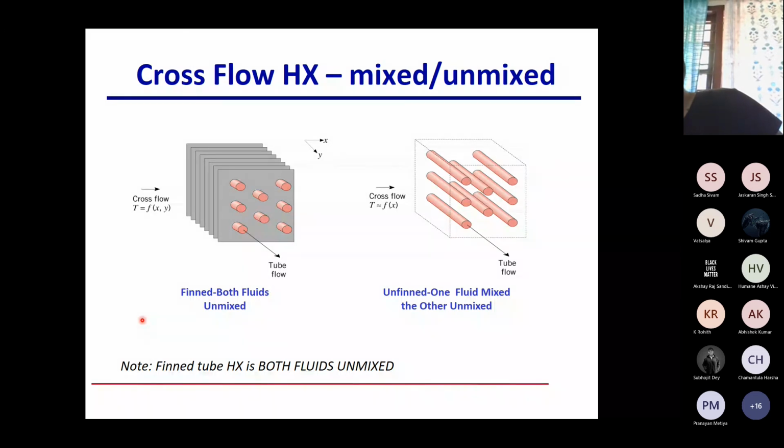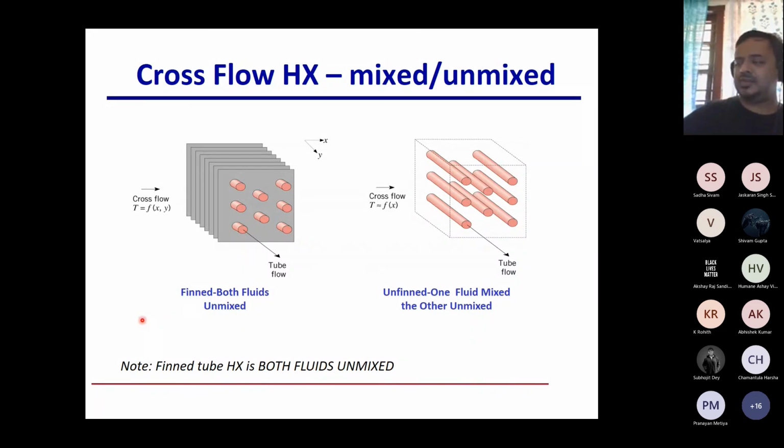Under cross flow also you have the concept of mixed and unmixed fluids. What it essentially means is, when you have flow through multiple tubes and the tubes are not mixed with each other, these are parallel paths that do not interact. It's called unmixed fluid.